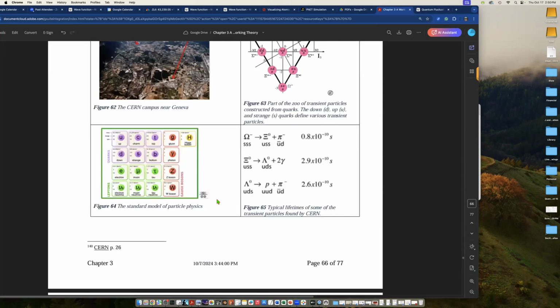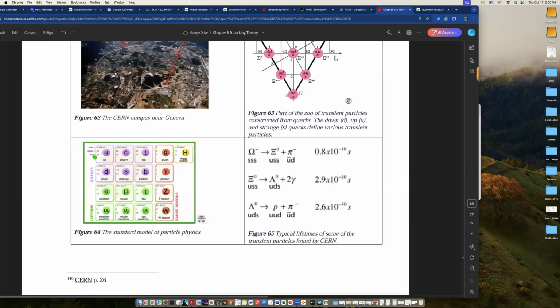Here are the quarks I mentioned. And every one of these particles, except this one, has an antiparticle. So we have the up, down, charm, strange, top, and bottom quarks, and they are the constituents of neutrons, protons, and other subatomic particles.